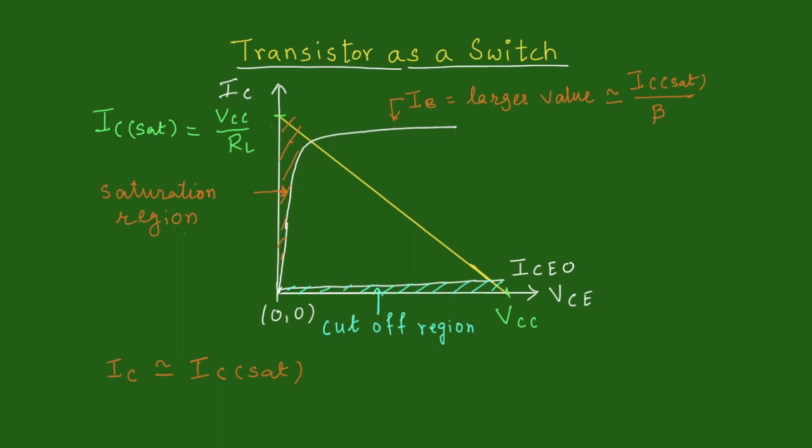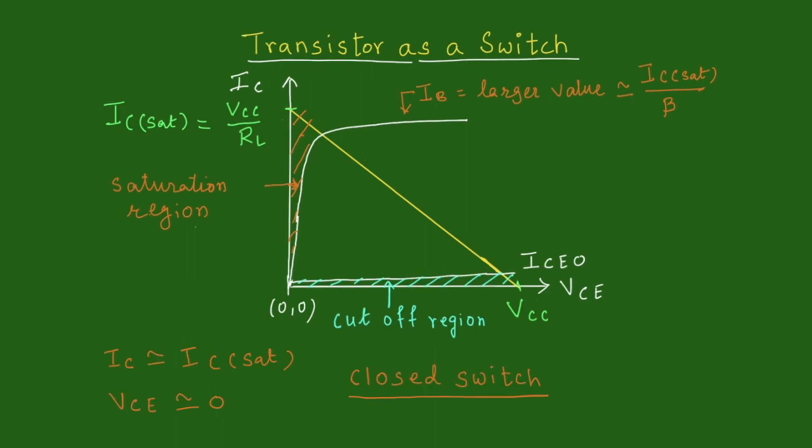If operating point of the transistor is in the portion of the load line which comes in the saturation region, collector current of the transistor will be very close to IC saturation and the collector to emitter voltage will be very close to 0. Now, transistor will have collector shorted to emitter and so it will be acting as a closed switch.